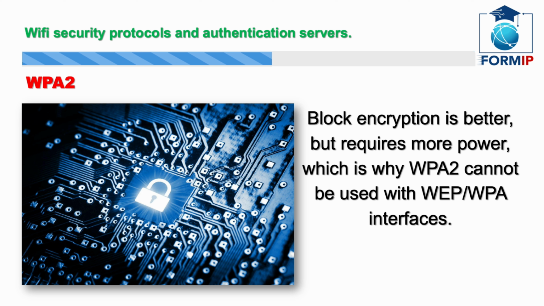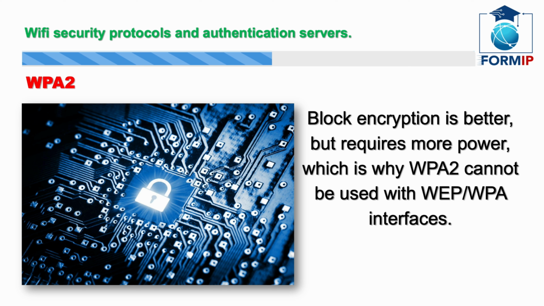It can be said that the advantages of CCMP over TKIP are that it allows better encryption of data, it also allows user authentication, and finally, it has an access control mechanism. At home, you probably use the personal version of WPA2 called WPA2 PSK.